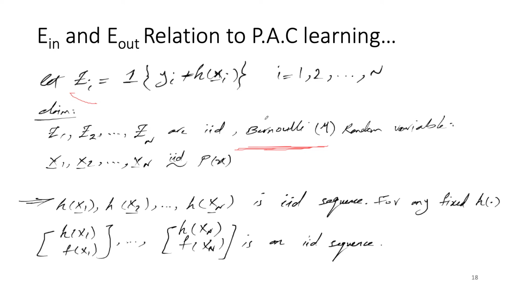So we can define finally that for any fixed hypothesis h, the sequence h(x1) versus f(x1), up to h(xn) versus f(xn), is an IID sequence. If we don't see the data set and we chose a hypothesis, the outcome of that hypothesis would be IID itself.